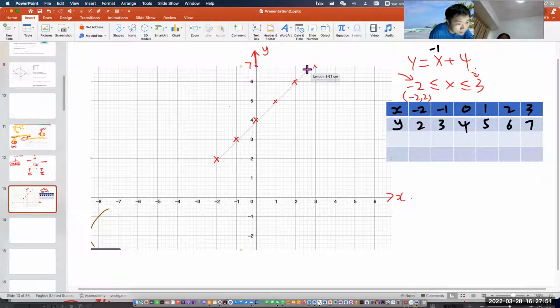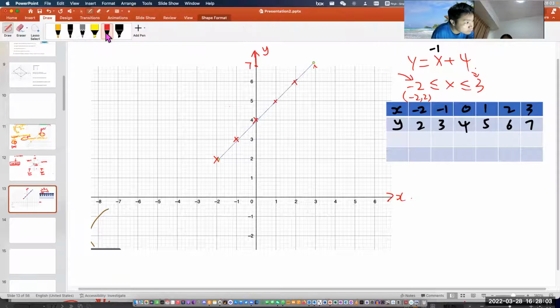It looks like the 7 is slightly above, which is here. All right. So that's how you get your y is equal to x plus 4. So 7 should be here. Let me extend this.